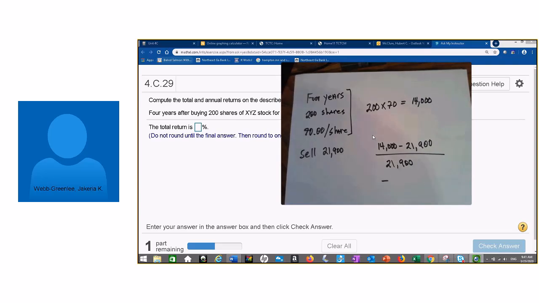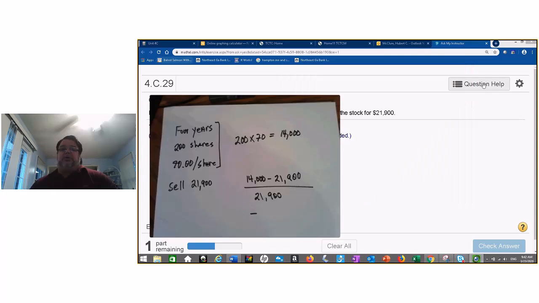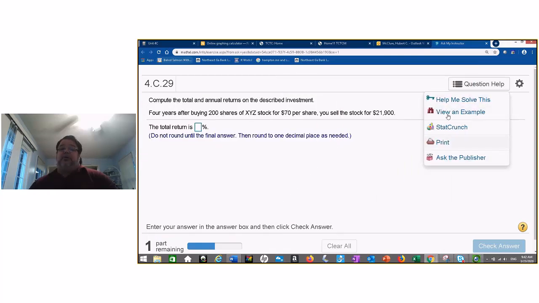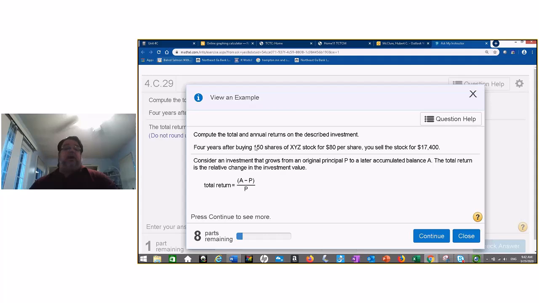I thought 21,900 was the new, not the old. I don't think so. I think the new, let me look and make sure. I don't do these very often. Okay, after buying 150 shares for 80, okay, continue.